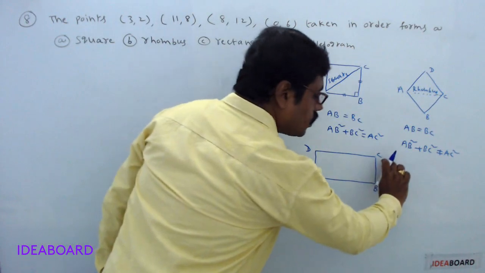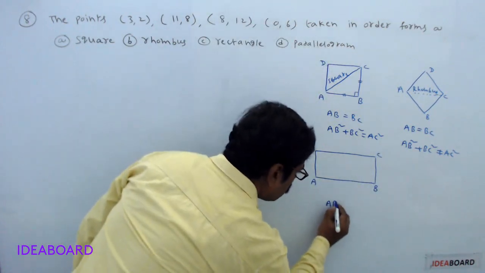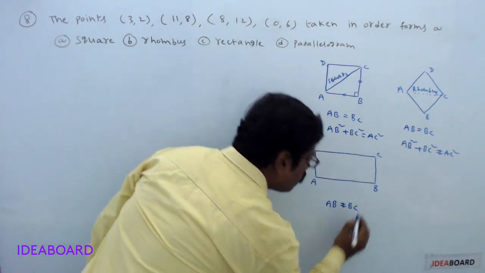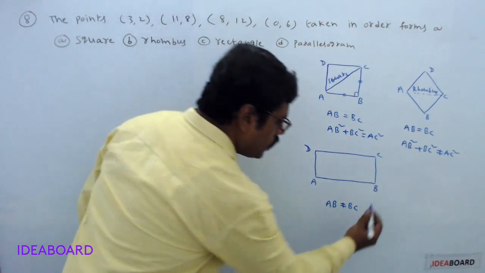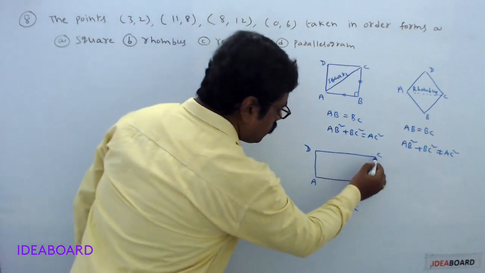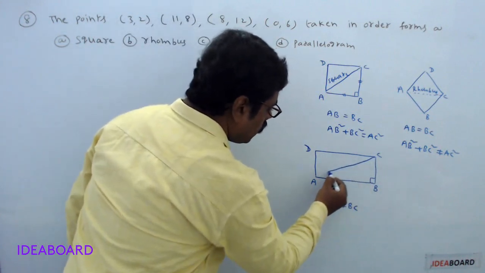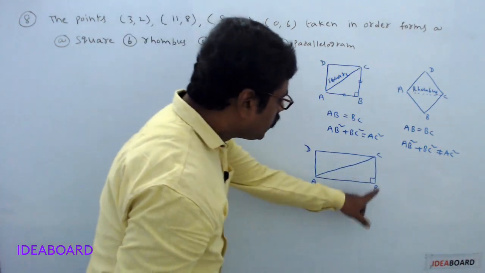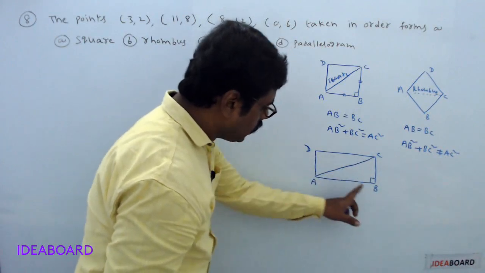So AB is not equal to BC. And moreover, angle between adjacent sides is 90 degrees. If you connect the points A and C, ABC is a right angle triangle.